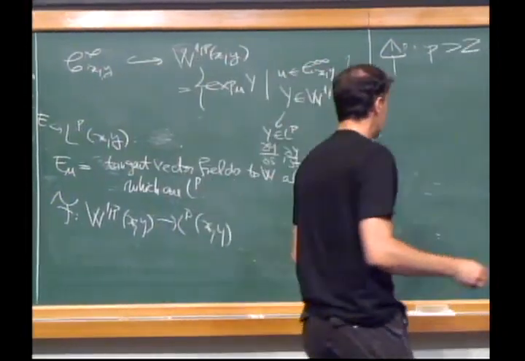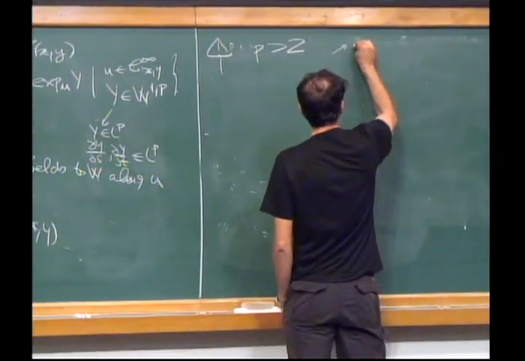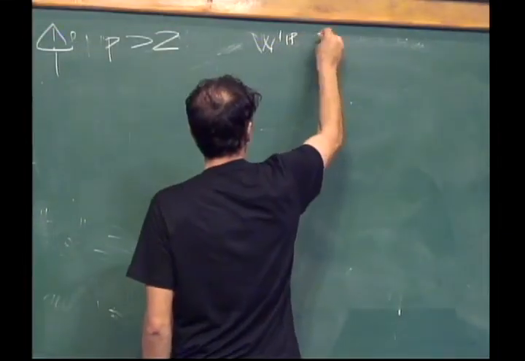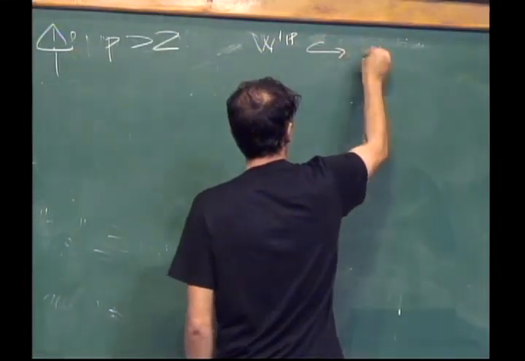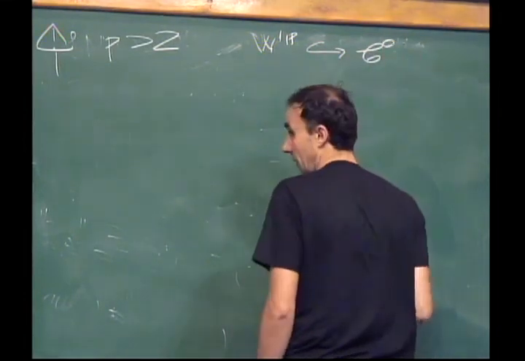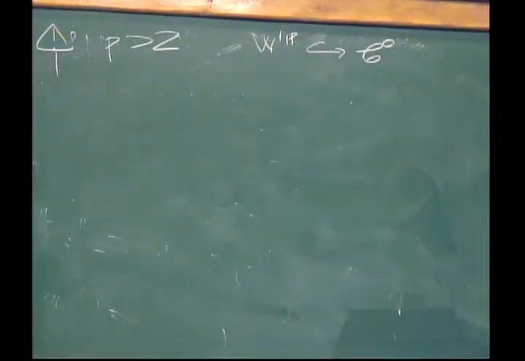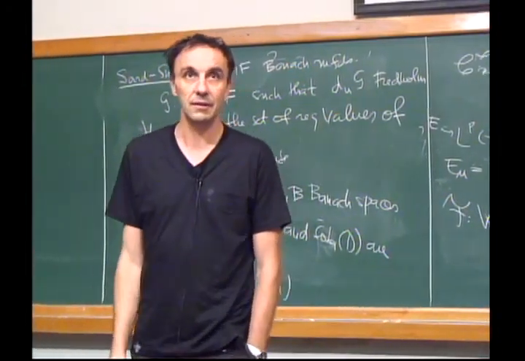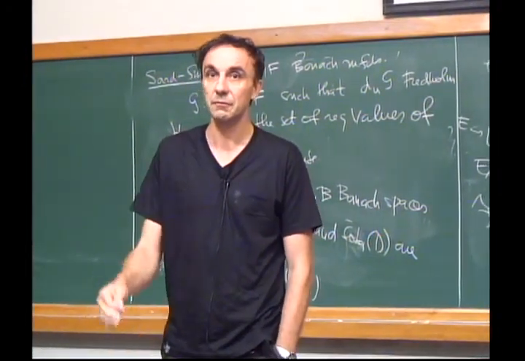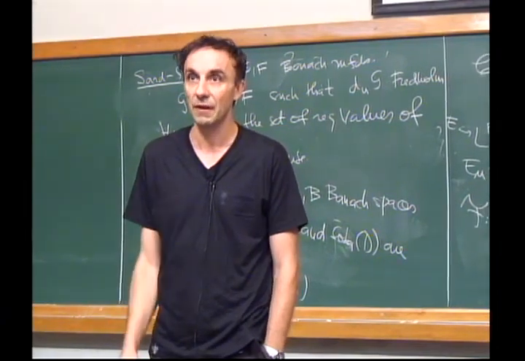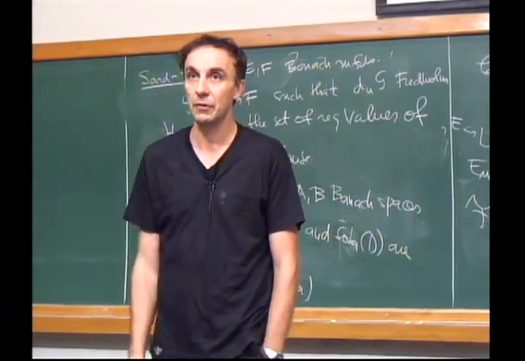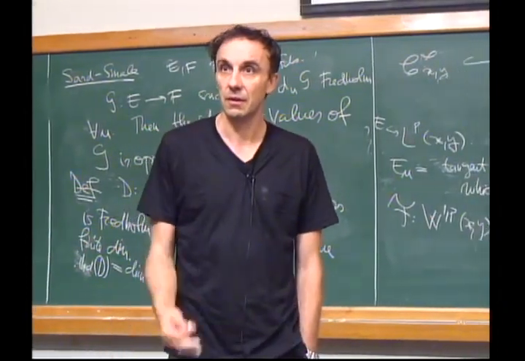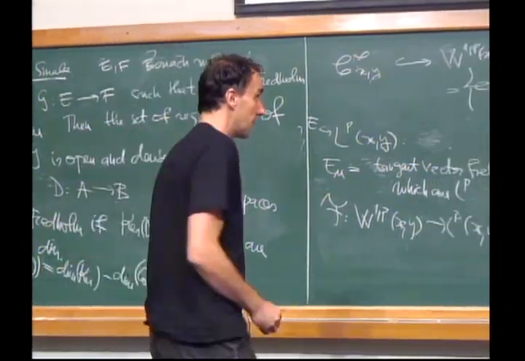The first reason is that in this case, W1P functions are all continuous, and of course, for technical reasons, it's more convenient to work with continuous functions, namely for instance for the boundary condition, but for plenty of other reasons.